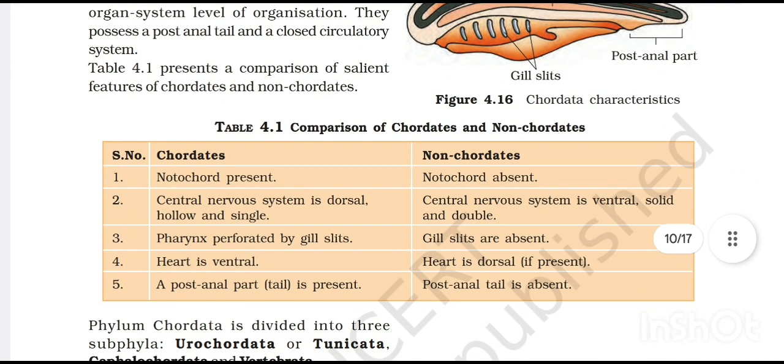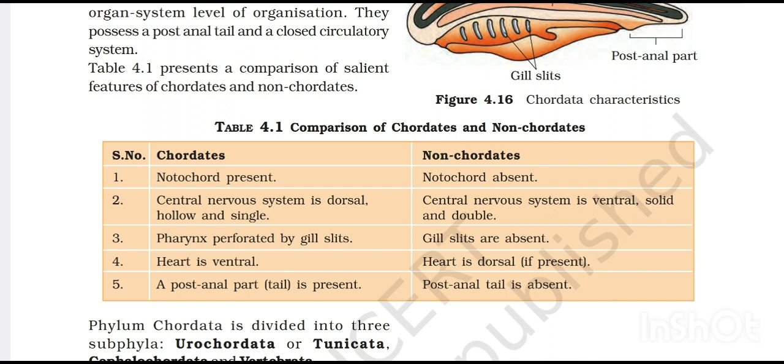So here in table 4.1, the difference or comparison between the chordates and non-chordates are given. The first difference is that in chordates notochord is present, but in non-chordates notochord is absent. Then second difference is central nervous system is dorsal, hollow and single, but in non-chordates central nervous system is ventrally present, solid and double.